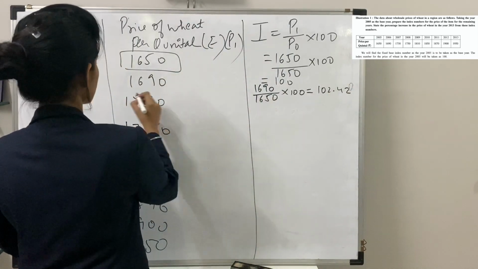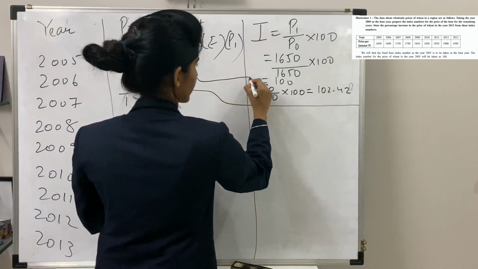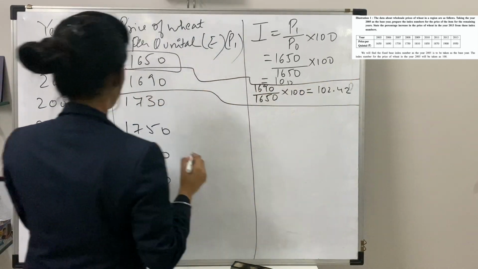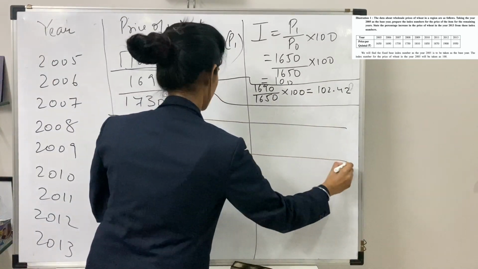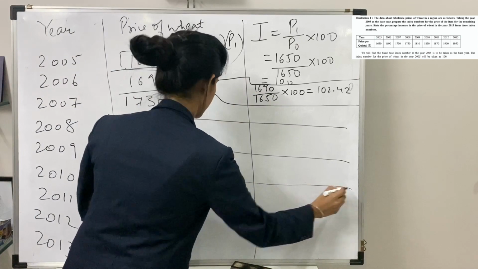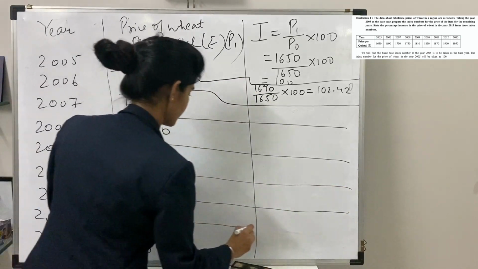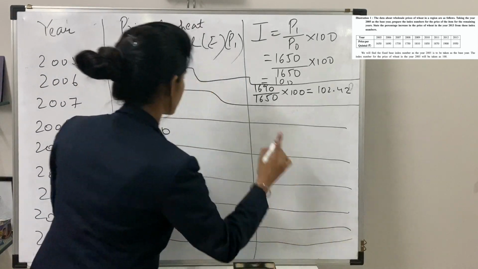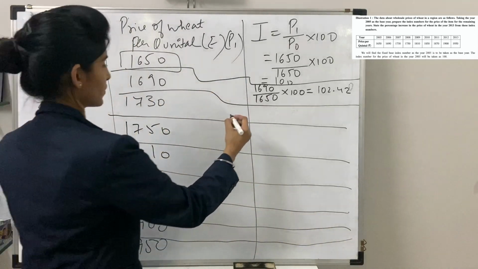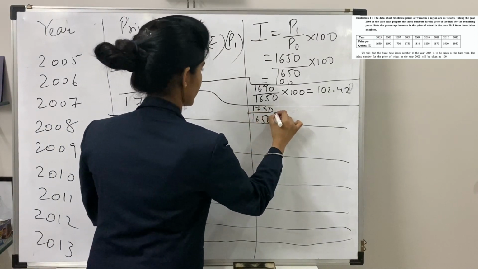Now to avoid problems, we'll create it like this for all the particular years. Now coming over here, this 1730 upon 1650 into 100.